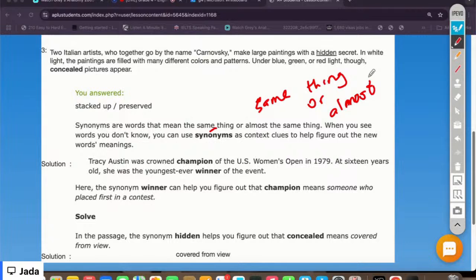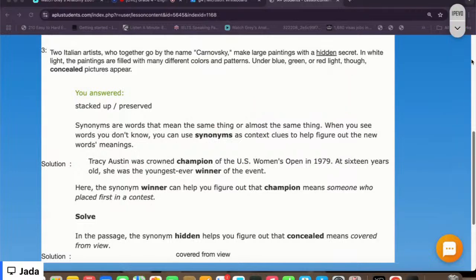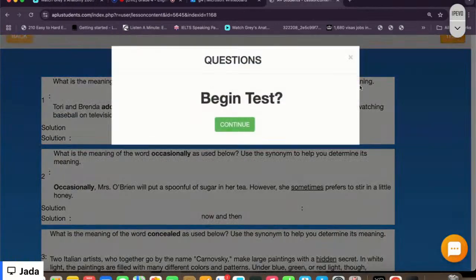So, Tracy Austin was crowned champion of the US Women's Open in 1979. At 16 years old, she was the youngest ever winner of the event. So now here the synonym winner can help you figure out that champion means someone who plays first in a context, because it shows that she was the winner. Okay, so the synonym can help you figure out the meaning of the word in the context.